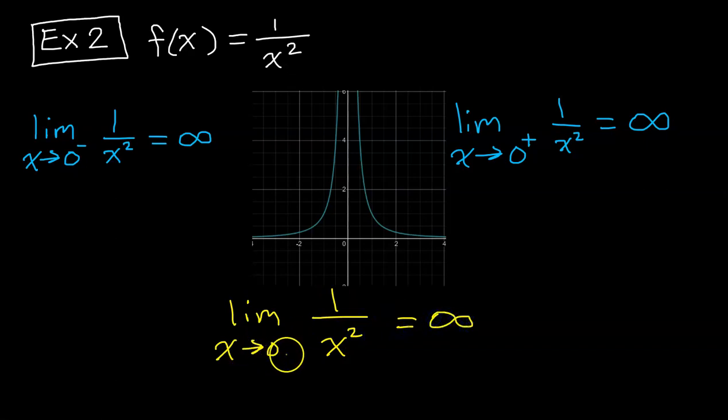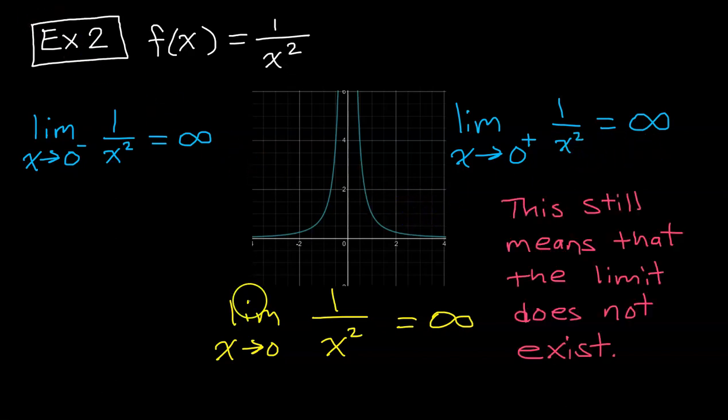So saying that the limit of the function is infinity means that it approaches infinity from the left and from the right of a particular value. Let me just emphasize one more time, this still means that the limit does not exist. Saying that the limit of a function equals infinity is just telling us that the reason why the limit does not exist is because the function becomes unbounded as x approaches 0.